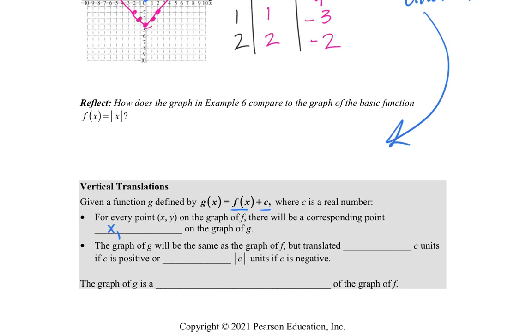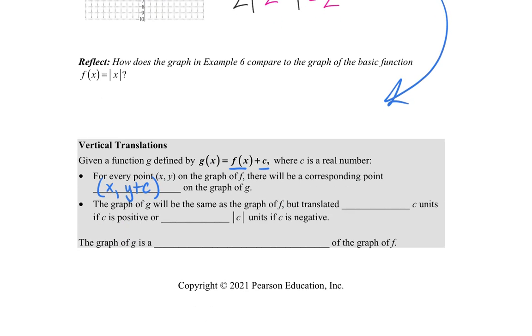So this would be your y value plus your c value. If your c is negative, then it would be minus. And the graph of g will be the same graph, but translated up if c is positive and down if c is negative. The graph of g is a vertical translation of the graph of f.